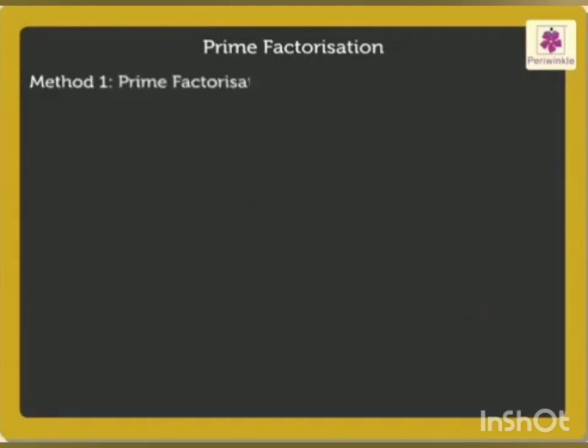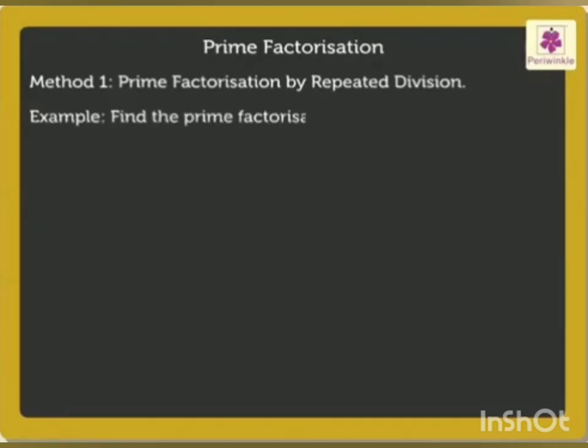Prime factorization by repeated division. Find the prime factorization of 180. To express 180 as the product of its prime factors, we have to begin with the smallest prime number that divides 180.